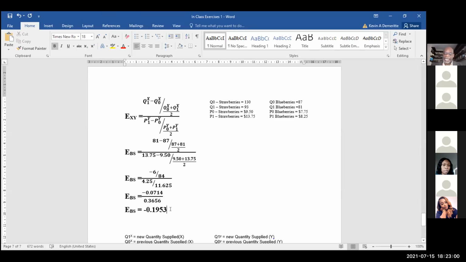Again, because it's negative, we know these two products are complements. Remember, the second subscript, in this case the S, is the price, and the first subscript, the blueberries, is the quantity. So when the price of strawberries goes up and we decide we won't buy the strawberries, we also decide we won't buy the blueberries.